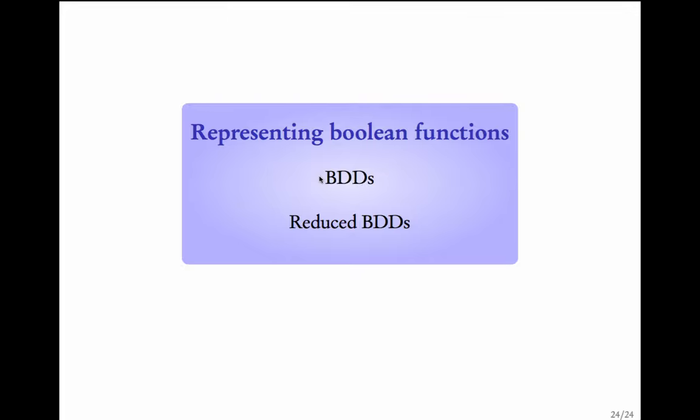We have seen some examples, and there are ways of reducing these BDDs using the rules that we saw, C1, C2, C3. They are very intuitive rules. Finally, they represent the same Boolean function, the same truth table.